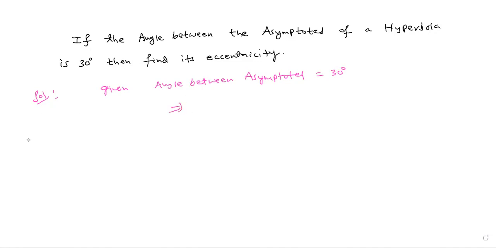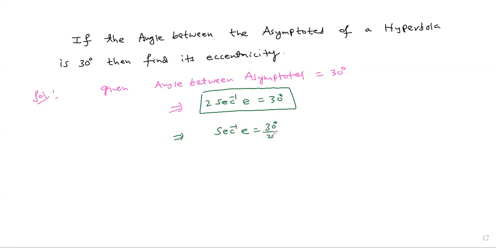That implies you can write 2 secant inverse e is equal to 30 degrees. The formula for the angle between asymptotes is 2 secant inverse e. Now we need e. So using this, secant inverse e is equal to 30 degrees by 2, which is 15 degrees. Secant inverse e is 15 degrees, and you can write e is equal to secant 15. Convert it into cos: 1 by cos 15.